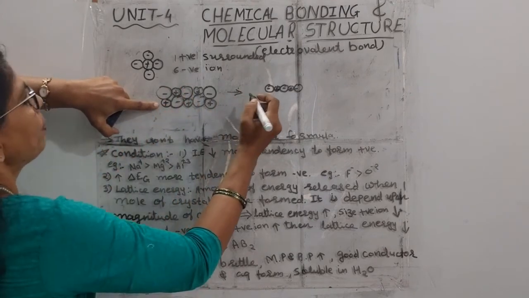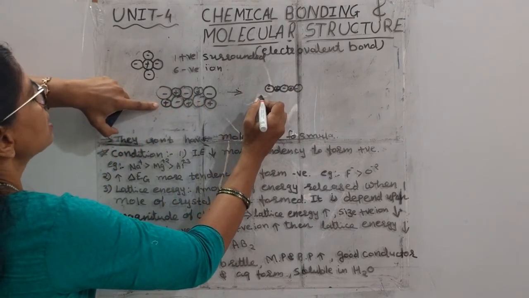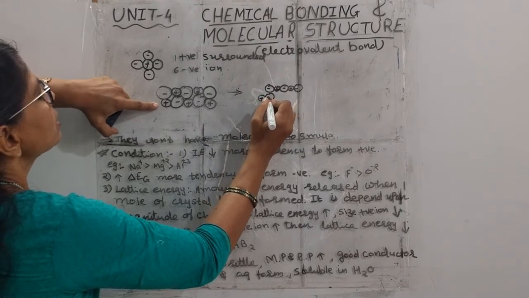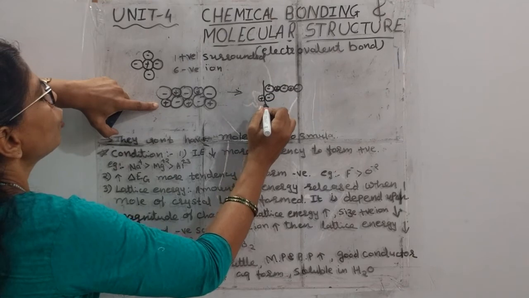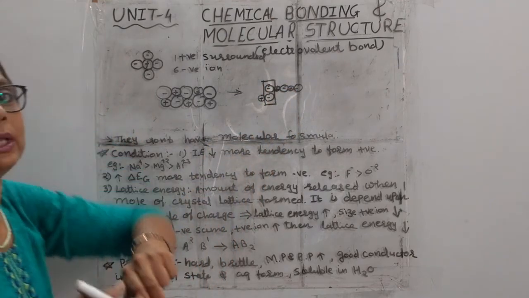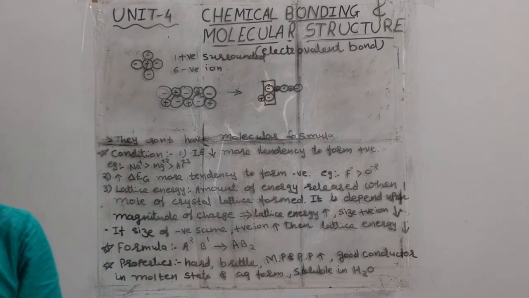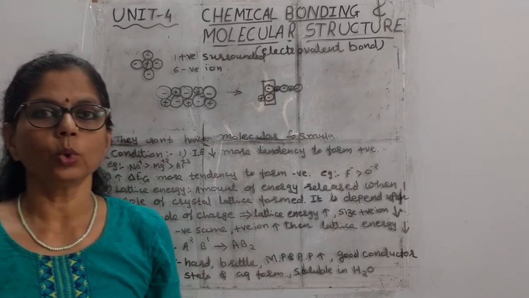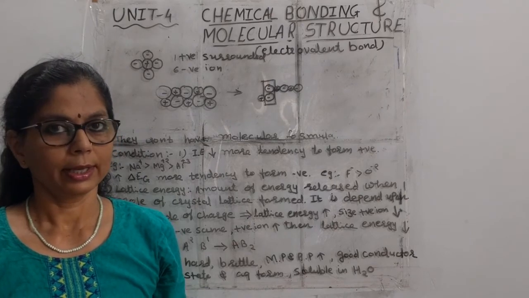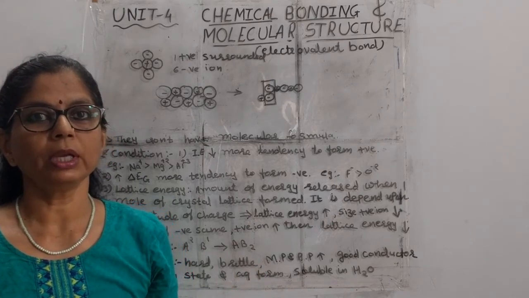So now what happens, student? This is the positive charge here and here comes the negative charge. Now you can see that both the negative charges or maybe both the positive charges come closer, and as you know, the same charges repel each other. Correct? Same charges repel each other.